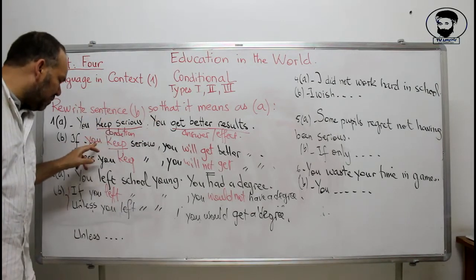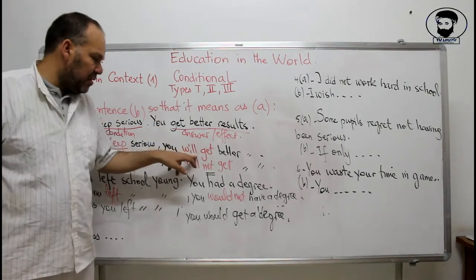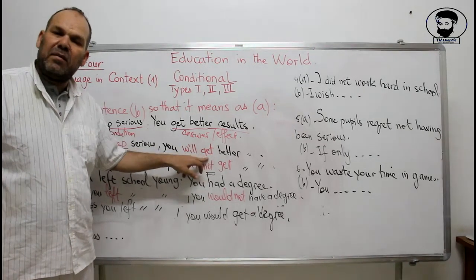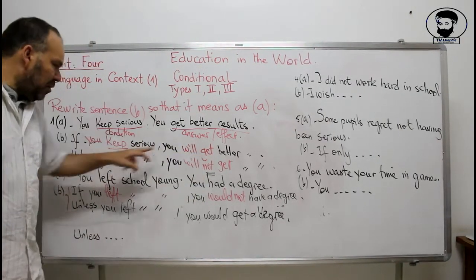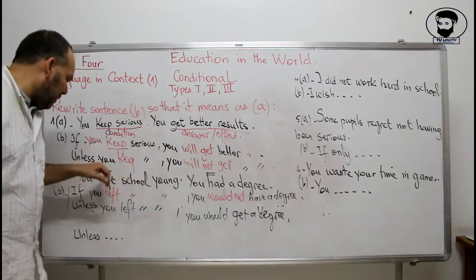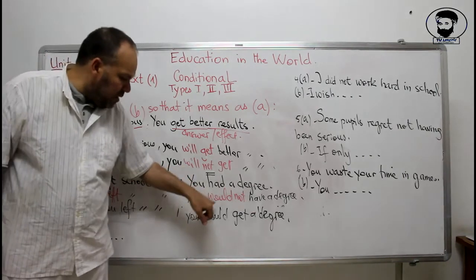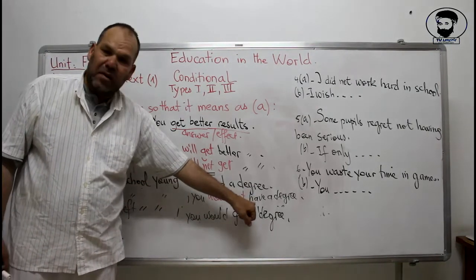So if you start with the present, you must write will plus subject plus the stem of the verb. Now, will or can or may or whatever. If you start with if and the past tense, it's always would plus the stem of the verb.